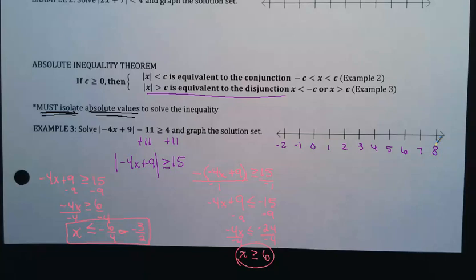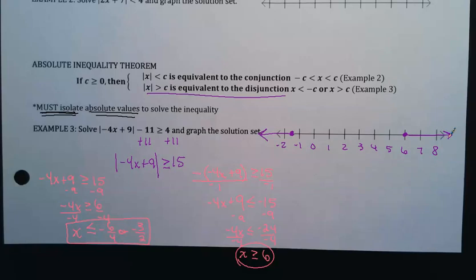All right, so x is less than or equal to -3/2. So we're going to have a solid circle at -1.5. And we know x is less than, so we're going to the left. All right, then we have x is greater than or equal to 6. So we're going to have a solid circle, and it's going to the right because it's greater than.